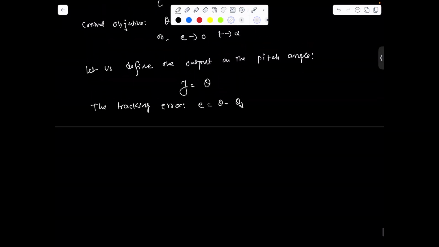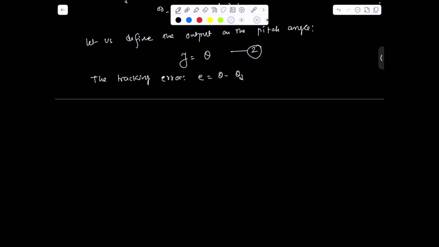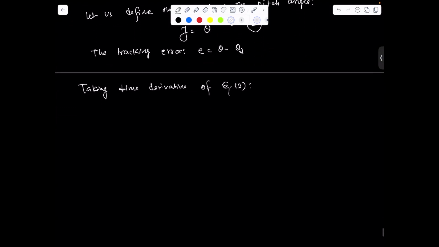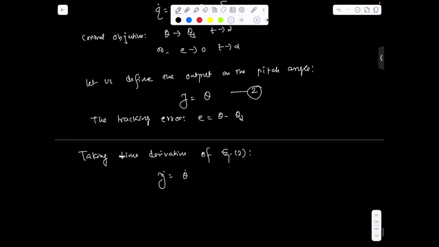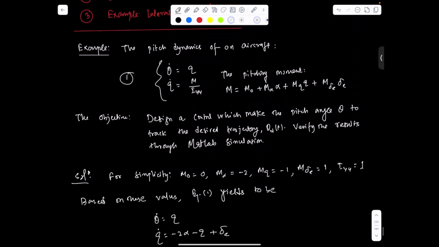Now taking the time derivative of equation 2, we write y dot equal to theta dot, and theta dot equal to q.